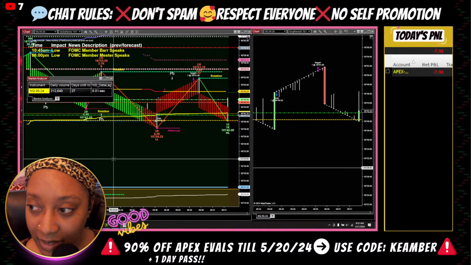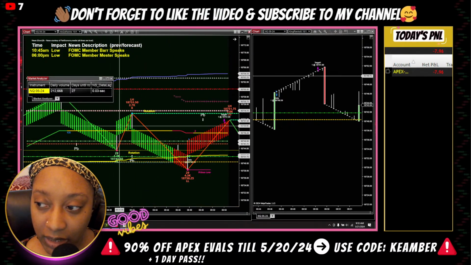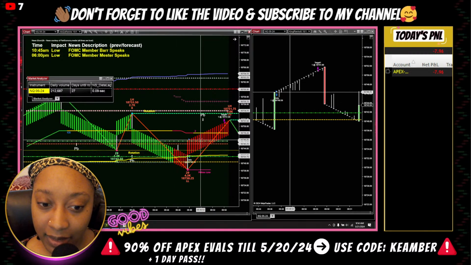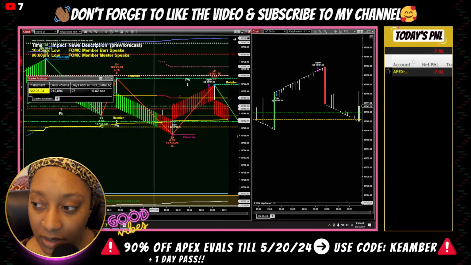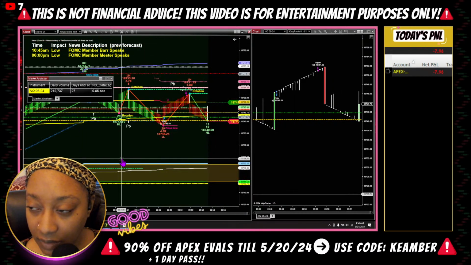All right, so my trend bias right now is an uptrend, and that's why I took this divergence buy, which is just a little pullback into the zone, into the levels.